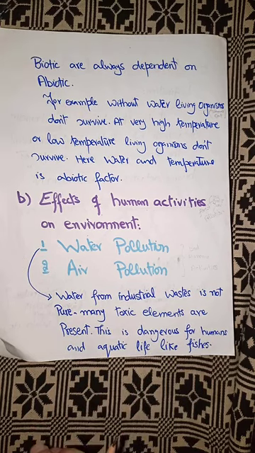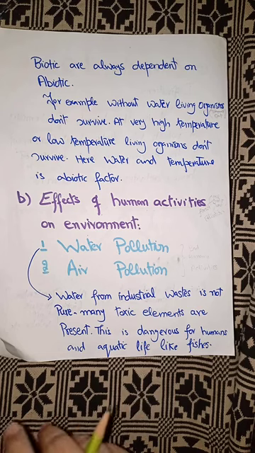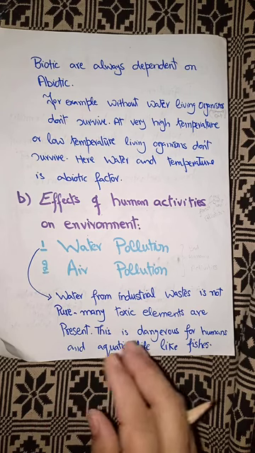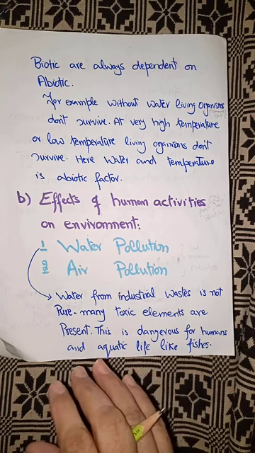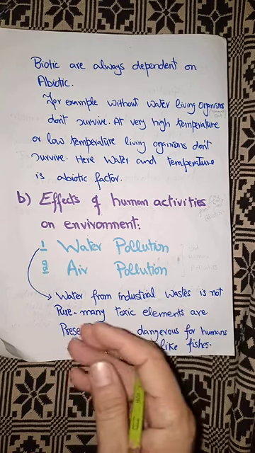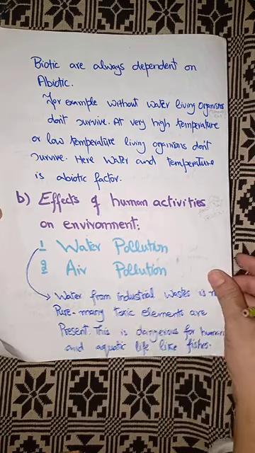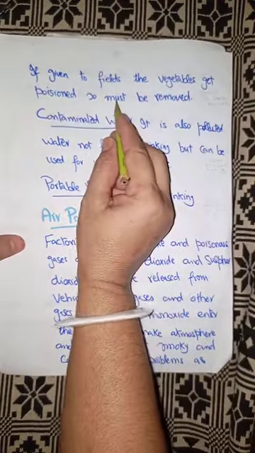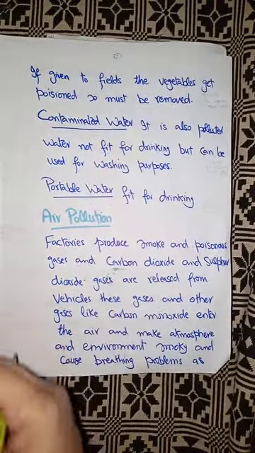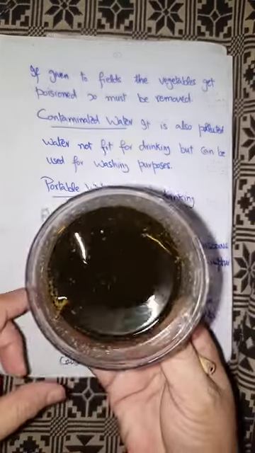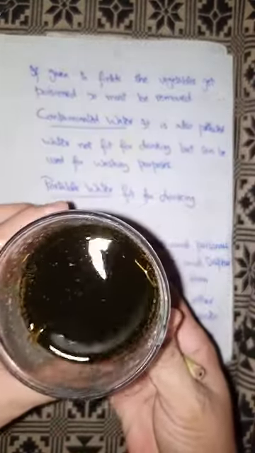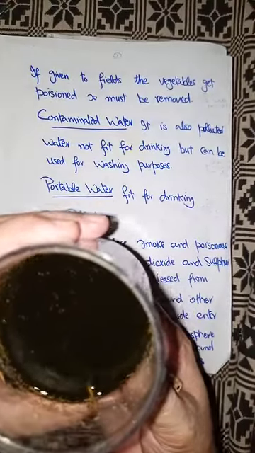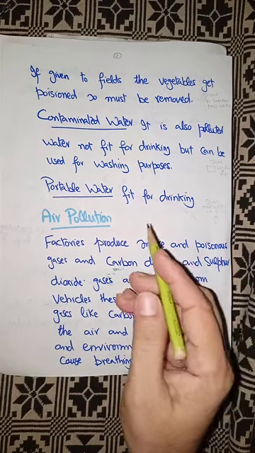Industries not only give us clothing, leather, shoes, cosmetics and other items, their waste products also include water, and whenever this water is given to fields, it destroys the crops and vegetables because they get poisoned. This is water from a factory. This water is very toxic because many toxic elements are present in it.